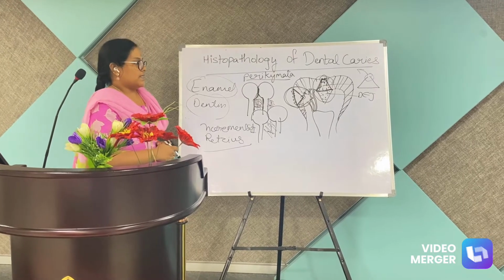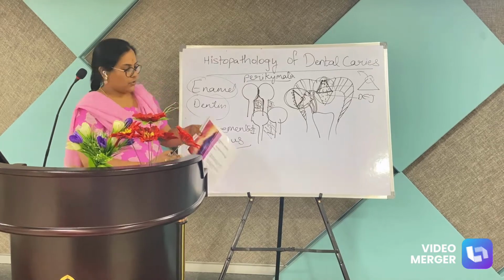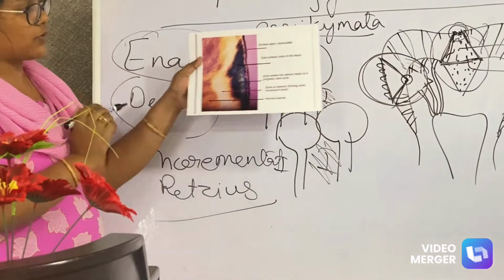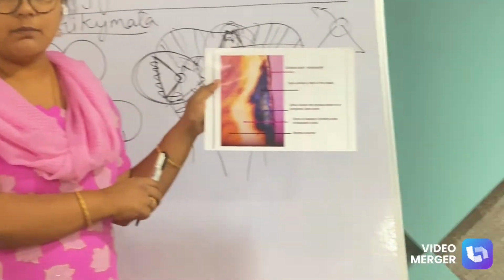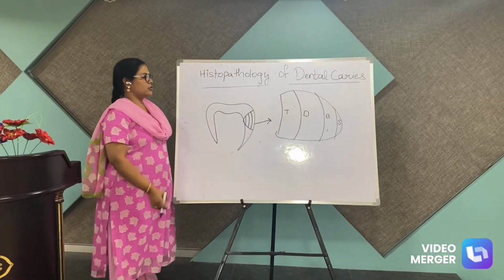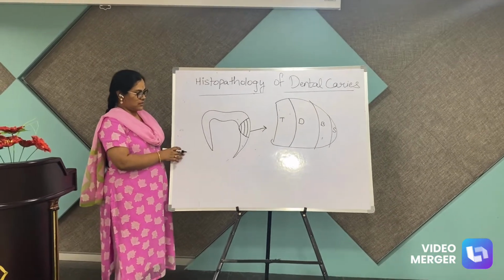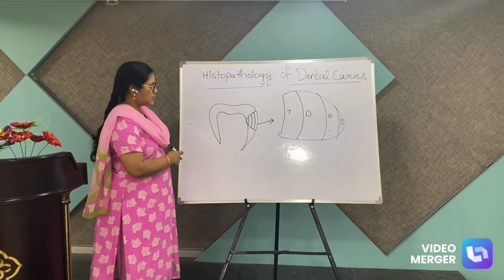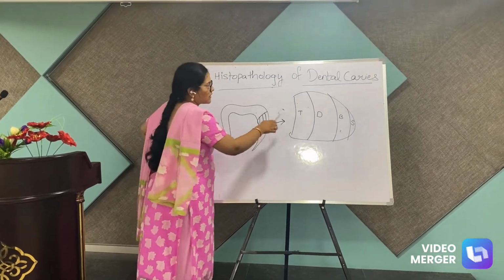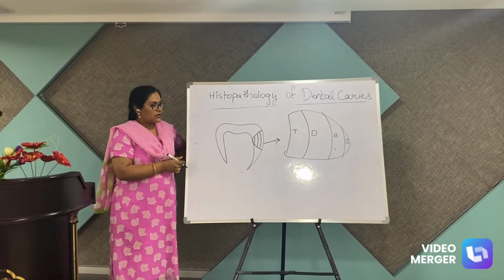Now if we look into the advanced aspect of enamel caries, they can be categorized into several zones. These zones are noticed from the DEJ to the external surface of the tooth. Getting into the further details of the advanced progression of caries lesions, certain zones were observed under a microscope.